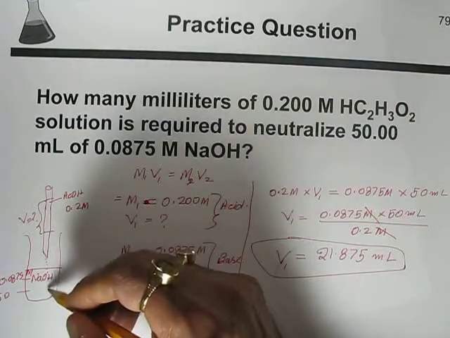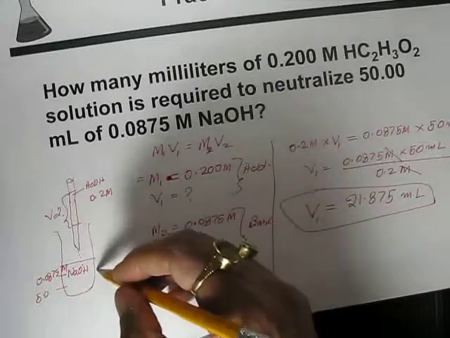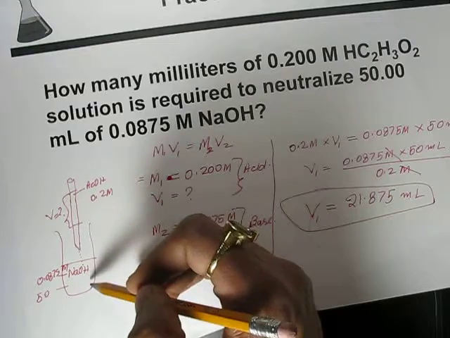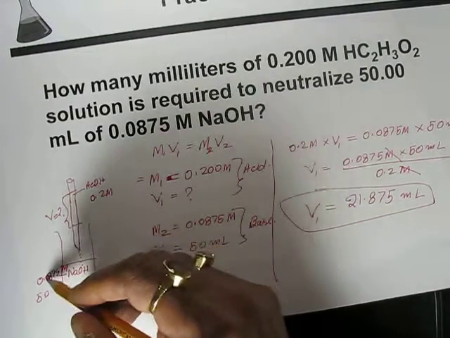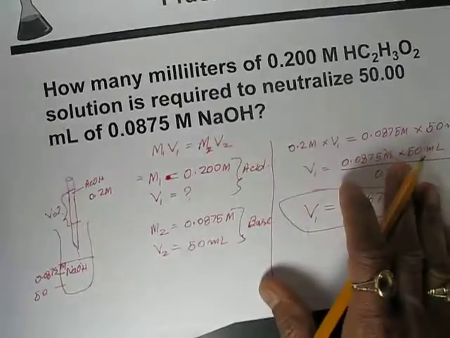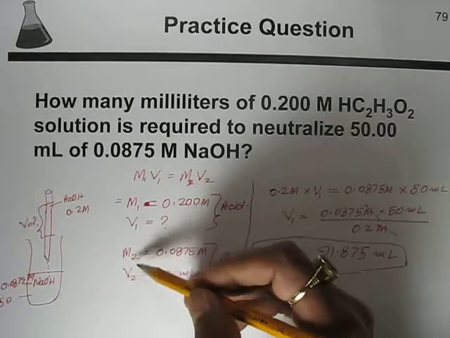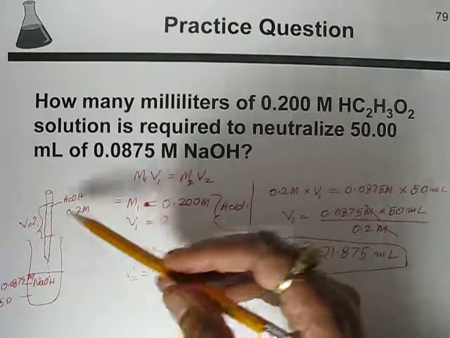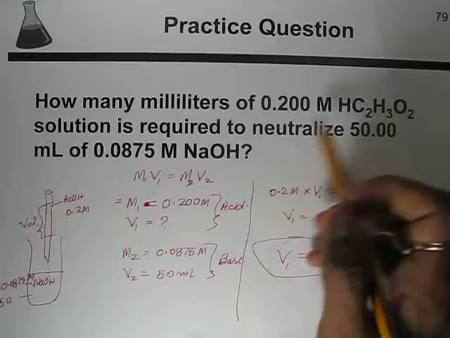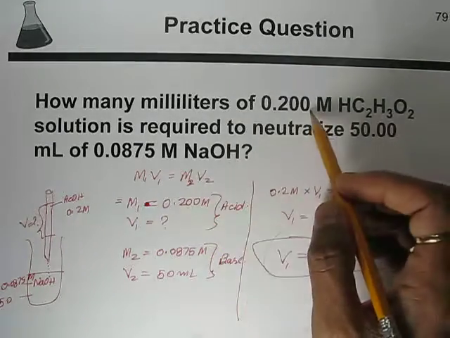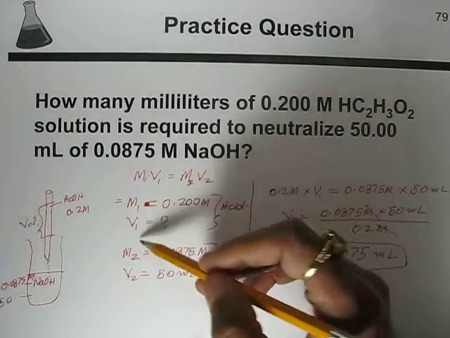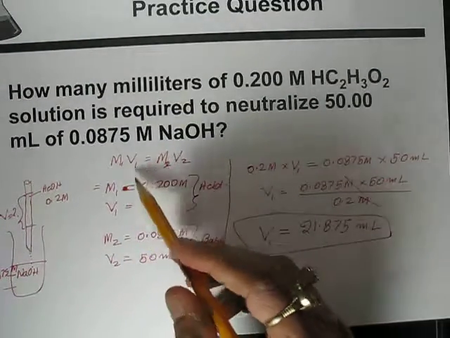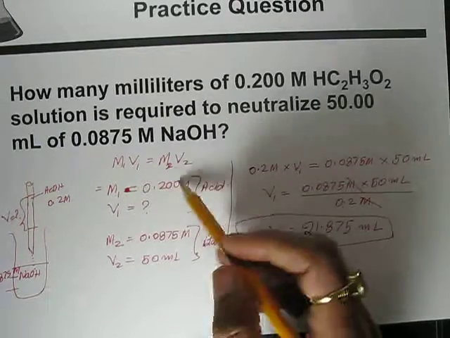Here we have taken NaOH solution in the beaker and acetic acid is filled in this burette. So we know the volume and we know the concentration of NaOH, so we can write that as M2 and V2, and then the volume of acid and molarity of acid is given, so that we will give M1 V1. So we just have to plug all these values into this equation.